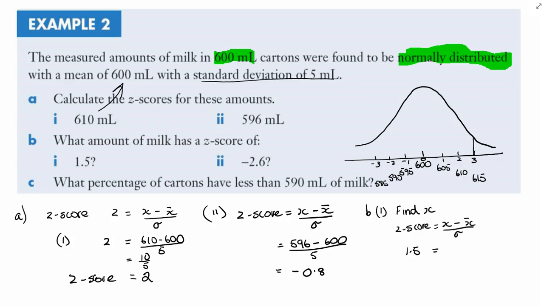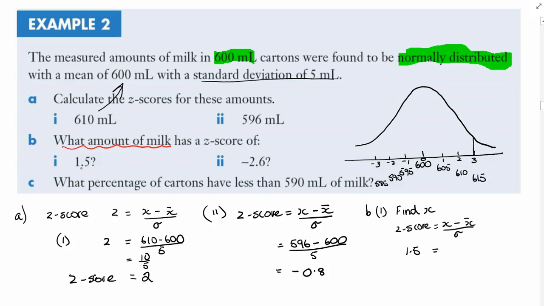In part B, you're being asked to find what amount of milk. Well, these are the amounts of milk. Anything less than 600, down to about 585, up to 615. So we're expecting an answer between that range. Has a Z-score of 1.5.